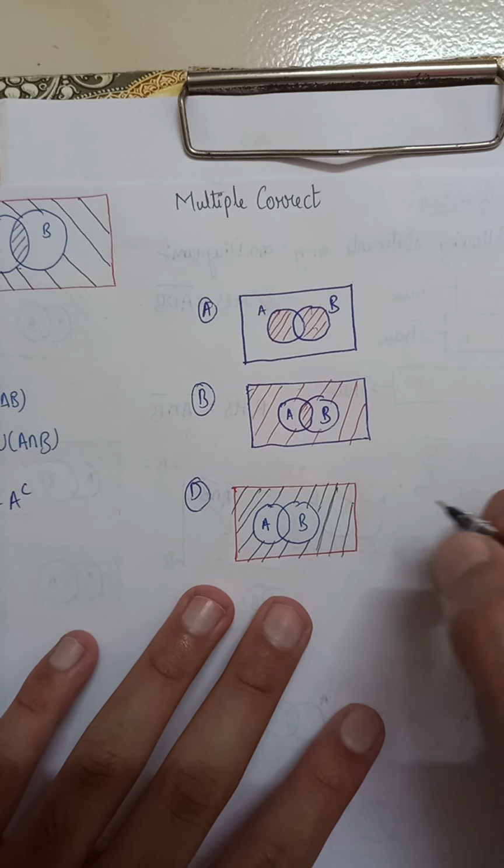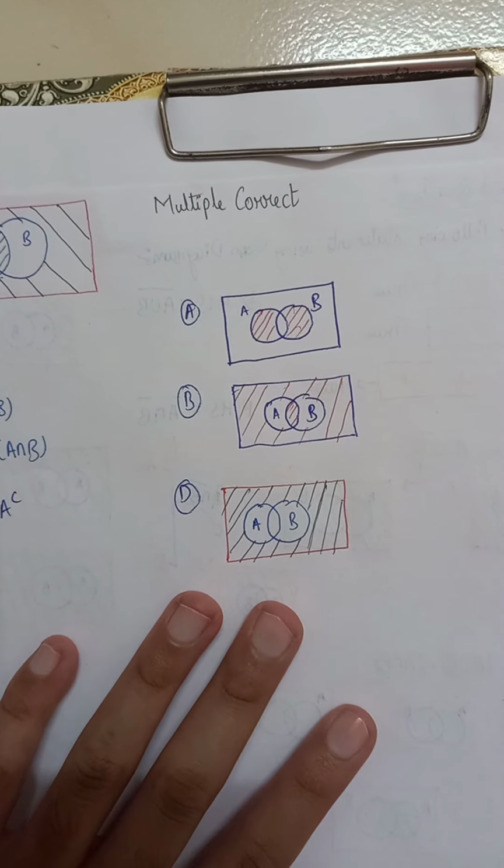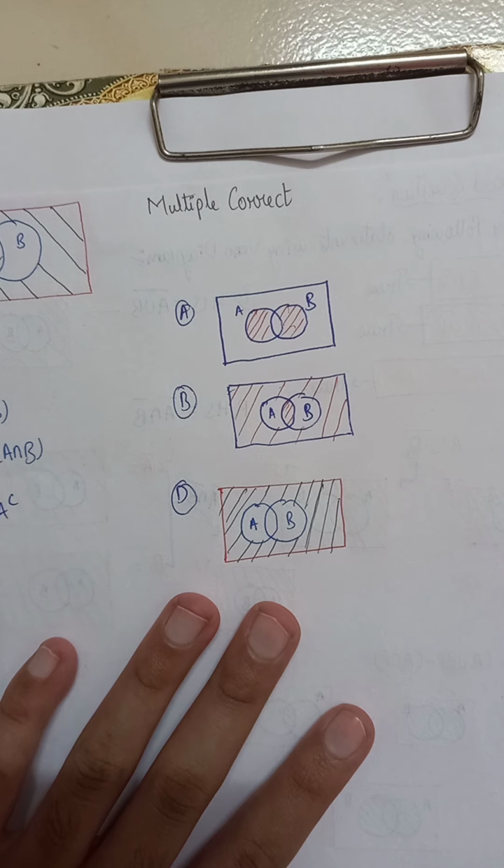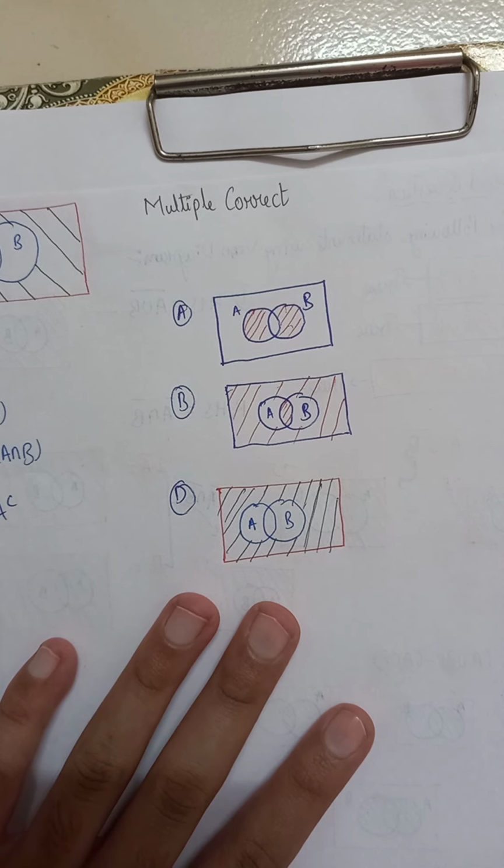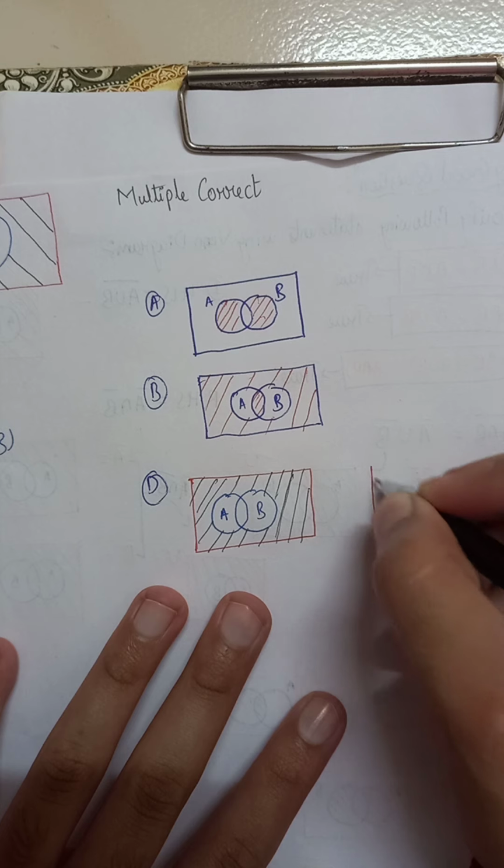Now you take the union of this with A intersection B. What about A intersection B? A intersection B is like this, right?